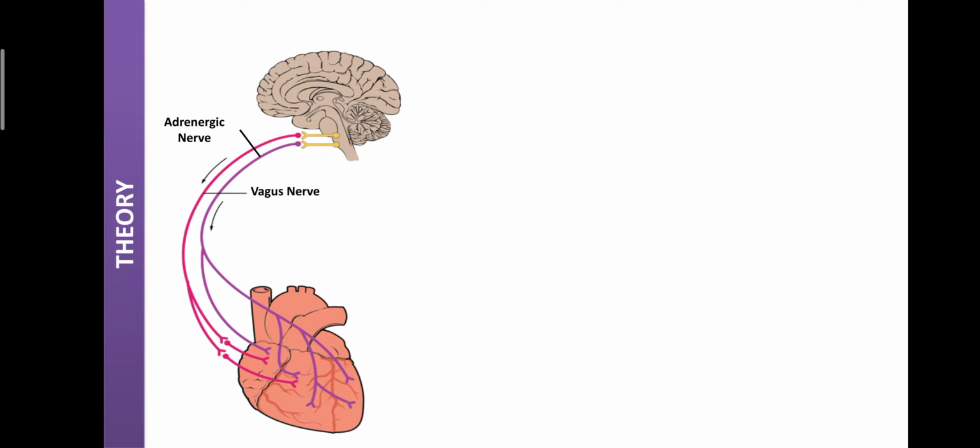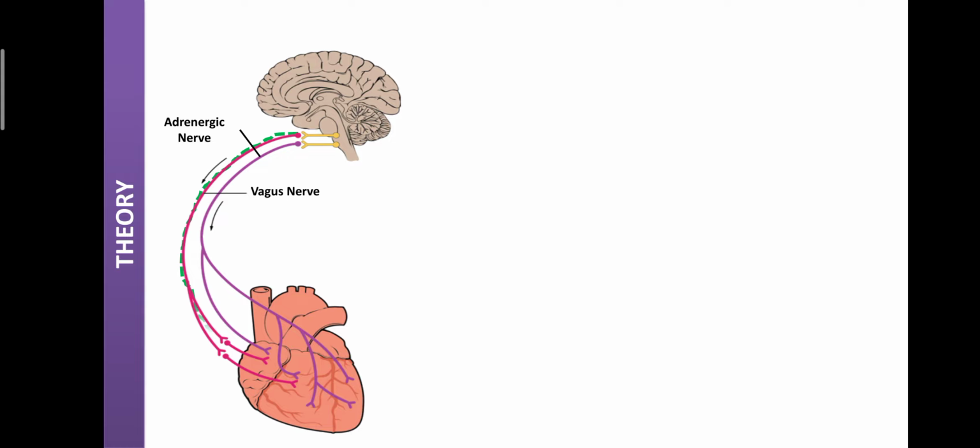The parasympathetic nervous system is responsible for decreasing the heart rate and force of contraction by activating the vagus nerve, and the sympathetic nervous system is responsible for increasing the heart rate and force of contraction, and it is regulated through stimulation of the adrenergic nerve. First, we learn how the parasympathetic nervous system is involved in the regulation of heart rate, force of contraction, tone and cardiac rhythm.